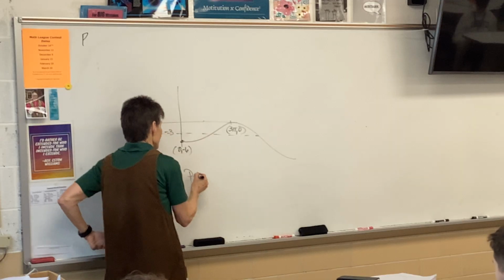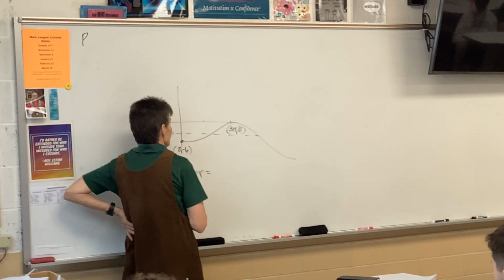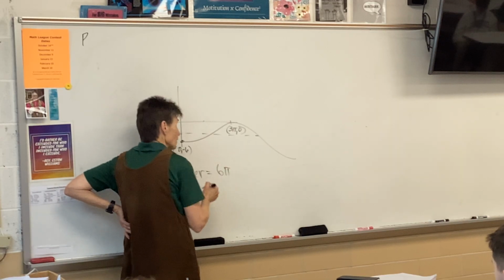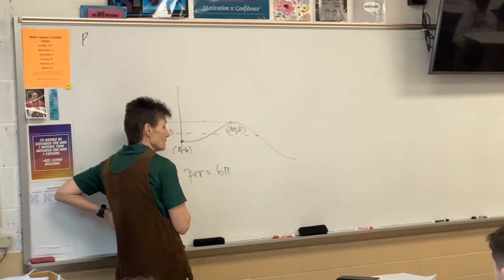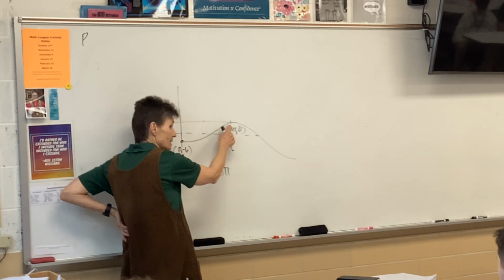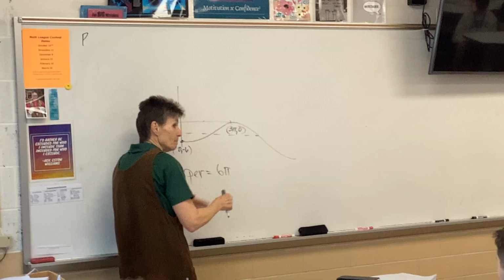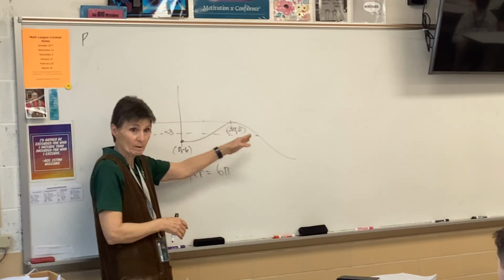What is the period of this guy? 6 pi. And how do we know it's 6 pi? Because here to here, minimum to maximum, half the period is 3 pi.